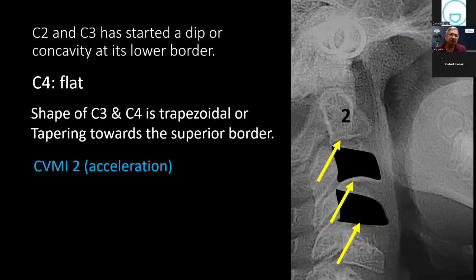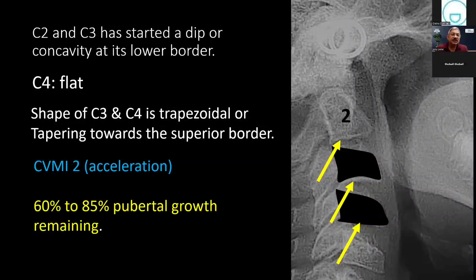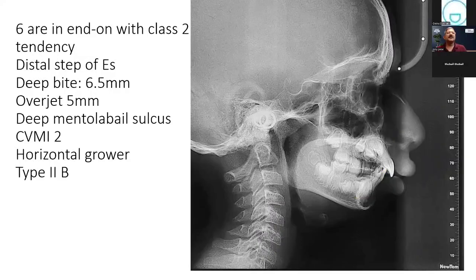Now what is the meaning of this acceleration or CVMI stage 2? It means 60 to 85% of pubertal growth is remaining for this child. Meaning that the mandibular or the main growth spurt, around 85% sometimes, or sometimes 60%, is still remaining. So we have time to act to develop what is remaining or what is deficient at this point of time. So this is the overall summary. The 6s are end-on with a tendency towards a class 2, that is not good.